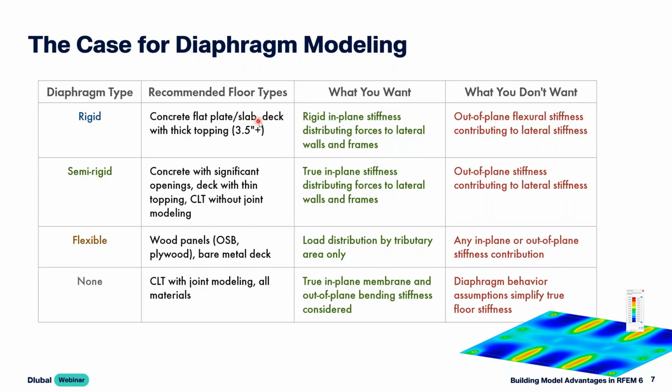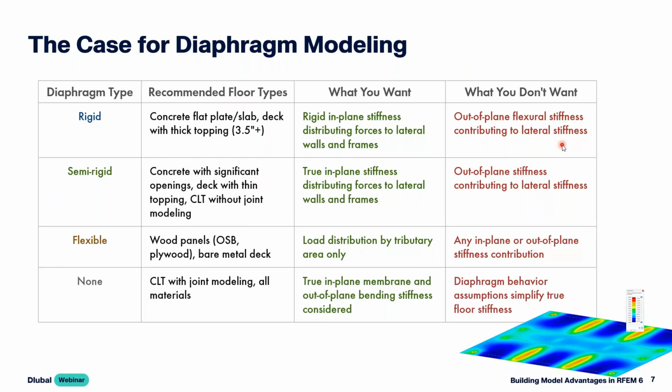Perhaps you have some type of composite deck with a thick topping, where ultimately what we want within the diaphragm behavior is rigid in-plane stiffness, where we distribute these forces to lateral walls and frames. But what we don't want is any out-of-plane flexural stiffness of our floor contributing or polluting the lateral stiffness.